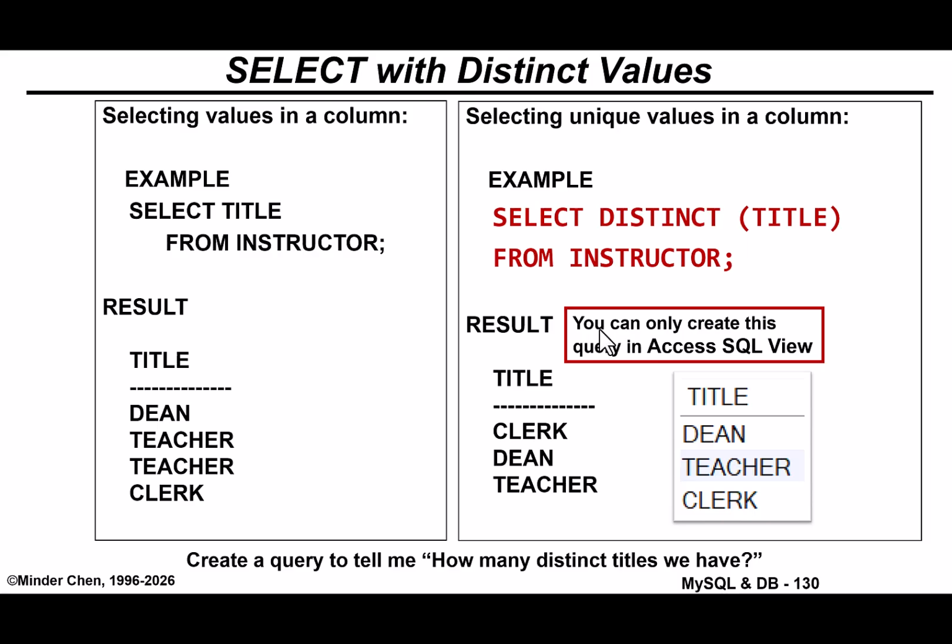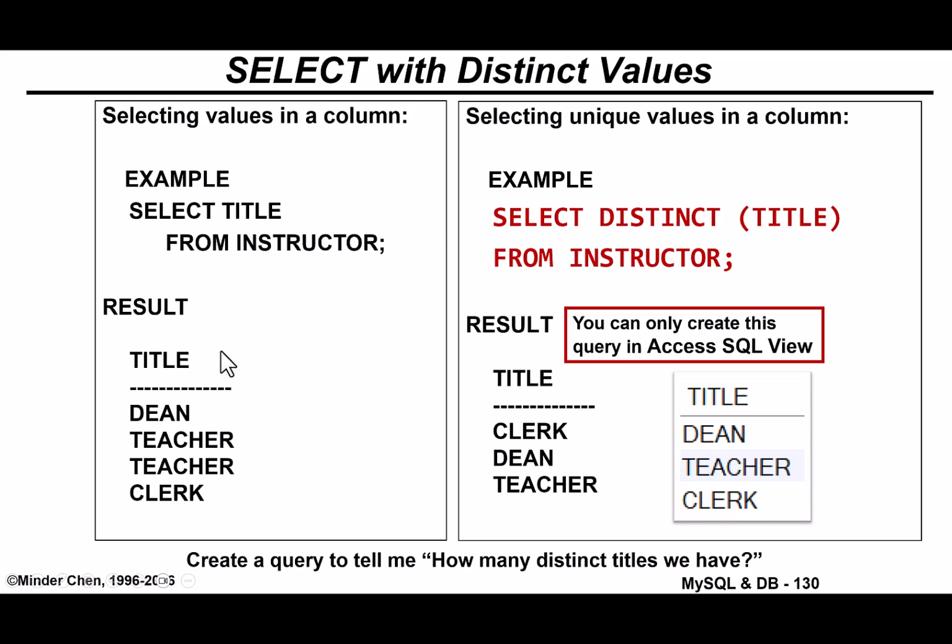Well, let's introduce DISTINCT, which is not an aggregate function, but DISTINCT means that you don't want the result set to have duplicated values. For instance, you say select title from instructor table, and we have two instructors whose title is the same, which is teacher.